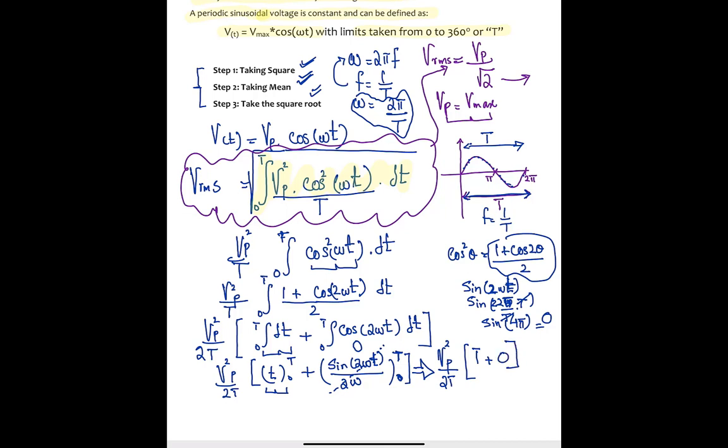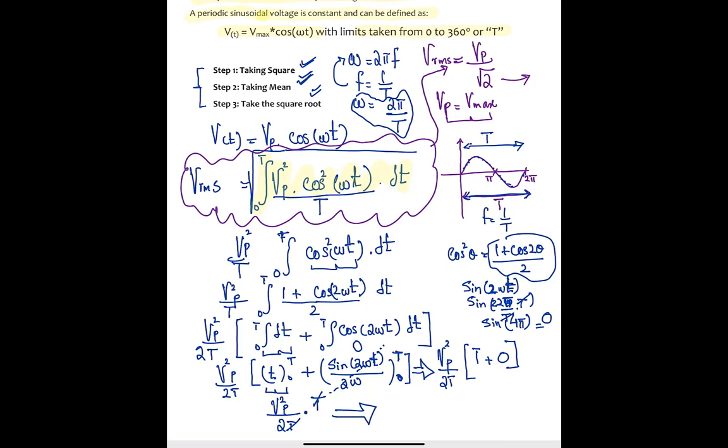Okay, so I can rewrite this equation as V square p over 2T times T, correct? This T and this T will cancel out.